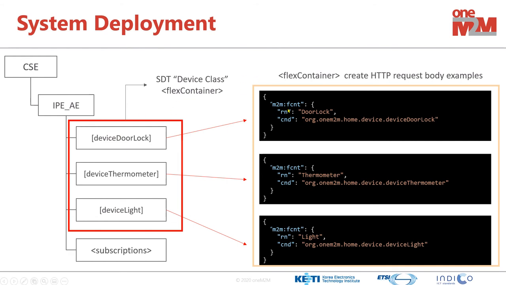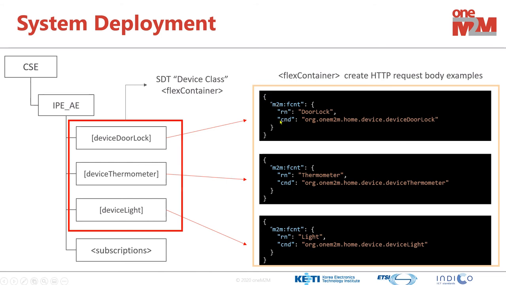And on the right, this is the JSON representation of the different flex container resources, and of course the flex container has other common or universal attributes, not just 2 like this, but those are just for information.